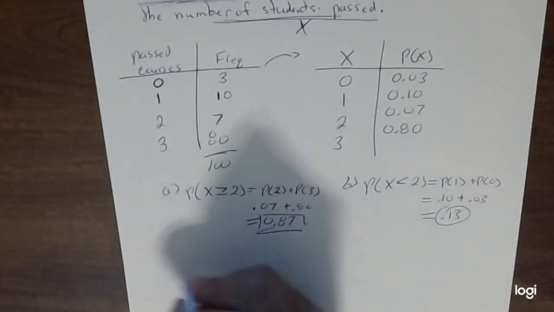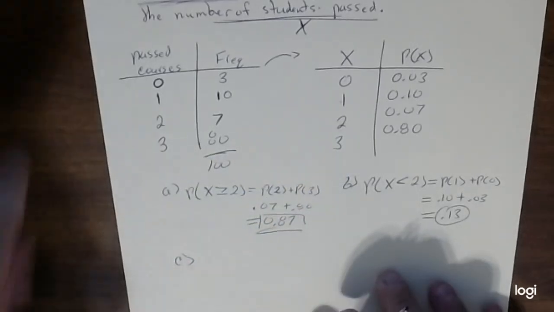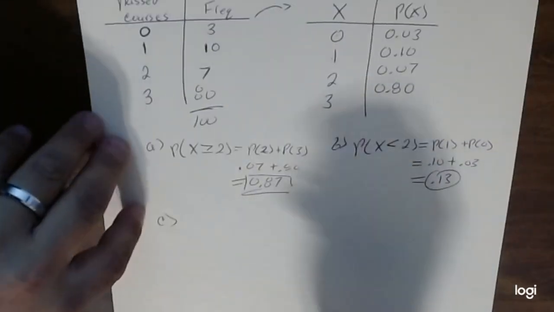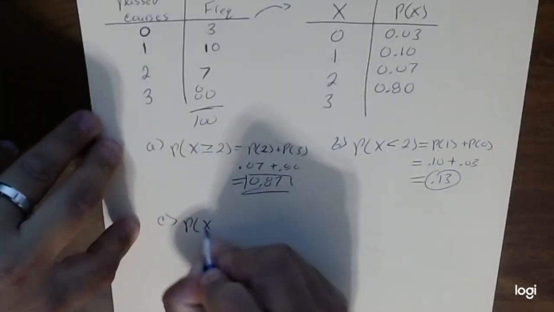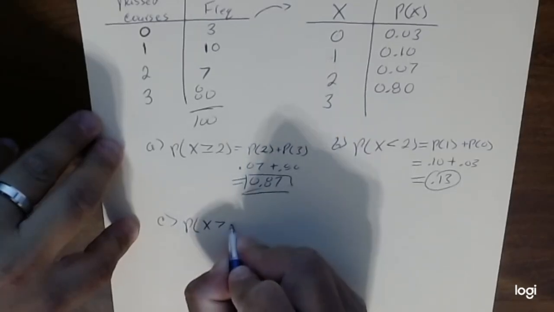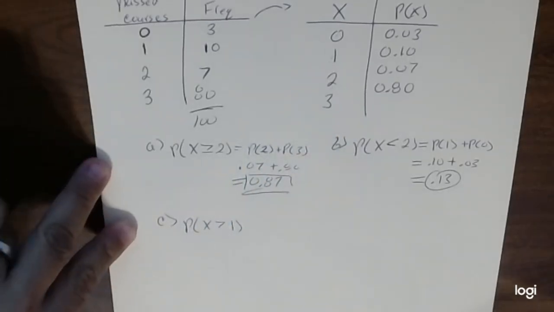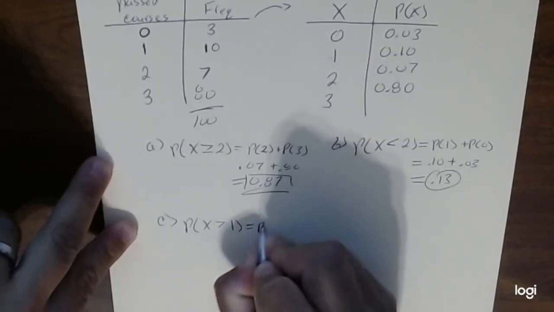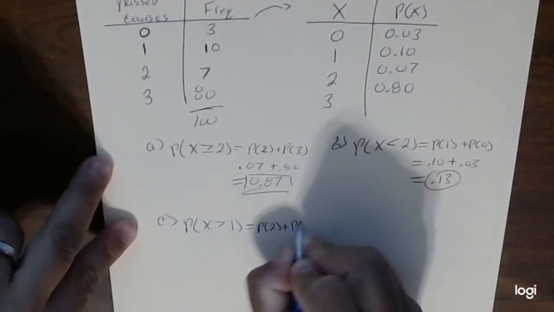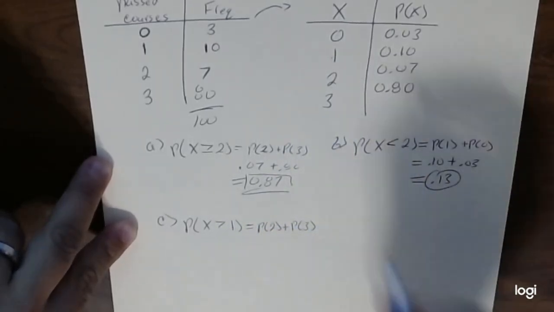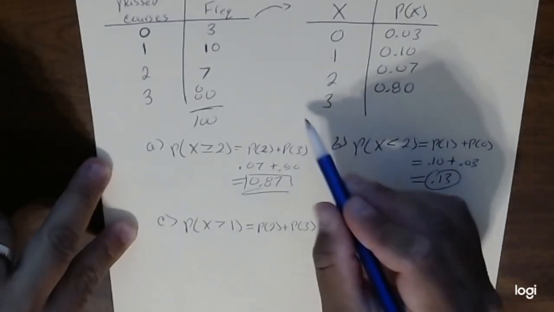But let's just try one. You got a little bit of time. It's only been 8 minutes. So let's try the probability of X being greater than 1. Okay. So I want everything greater than 1. So what's greater than 1? Well, 2 and 3. So notice I don't go any further because X can't be higher than 3, right? So I have to stop there.